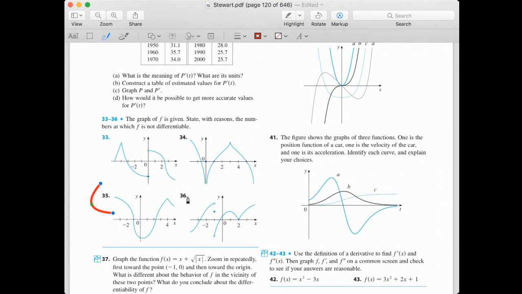And 36. So basically, find the points where f is not differentiable. Okay, find the points at which f is not differentiable. 35 and 36.